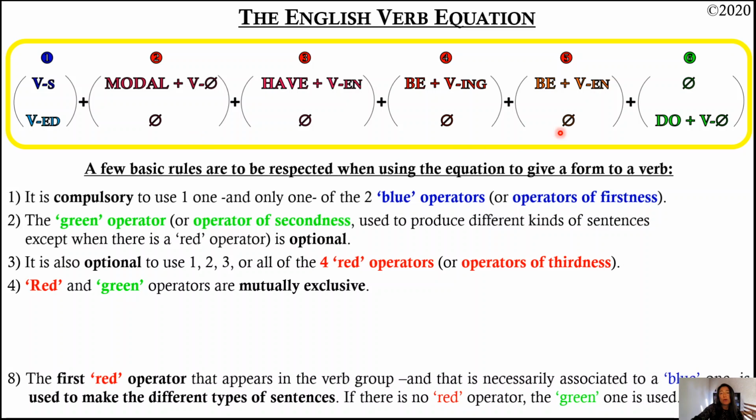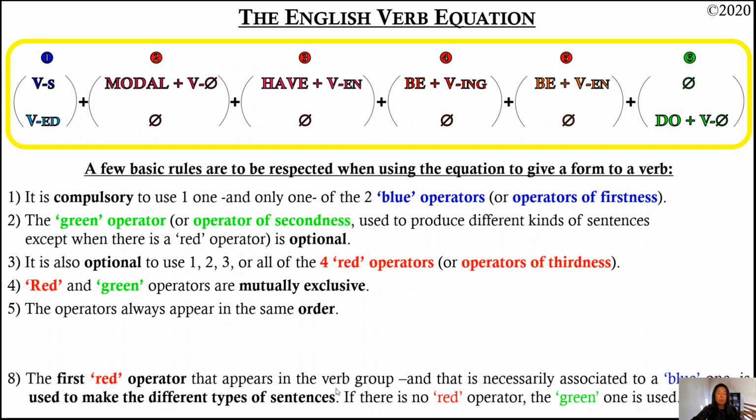So the red ones and the green one are optional, and also really key to remember, keep in mind the green operator, or operator of secondness, is not compatible with any of the red operators. So they are mutually exclusive.